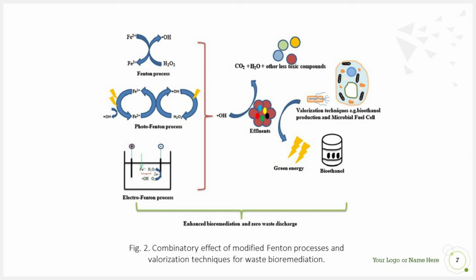In this process, H2O2 is generated by the reduction of oxygen at the cathode, generally made up of carbonaceous material, and H2O2 reacts with catalytic quantities of ferrous Fe2+ to produce the hydroxyl radical in the solution.